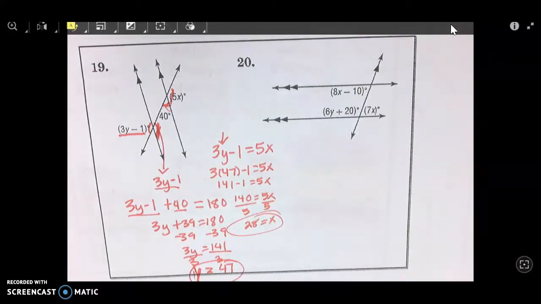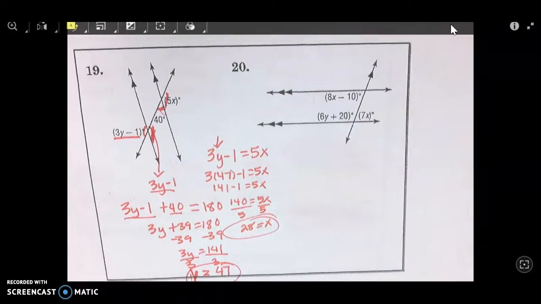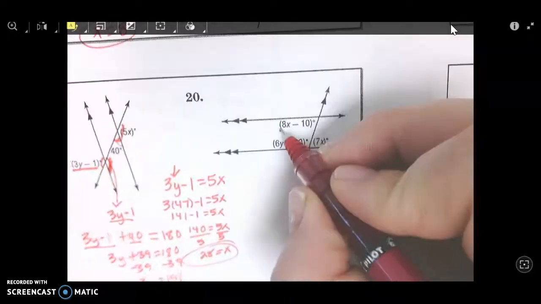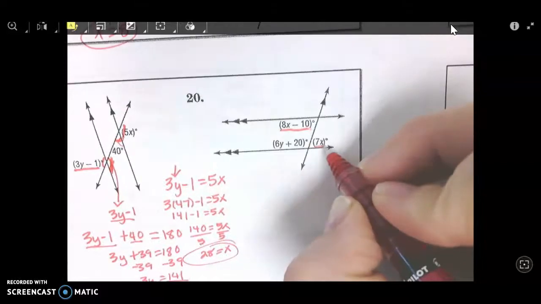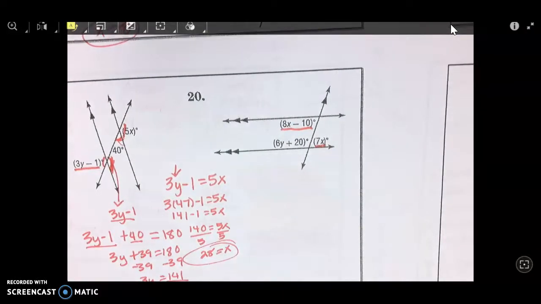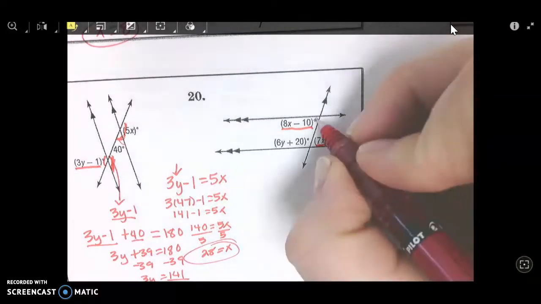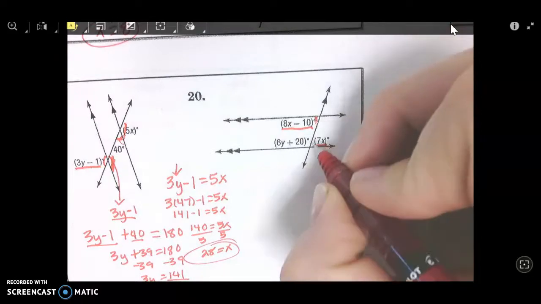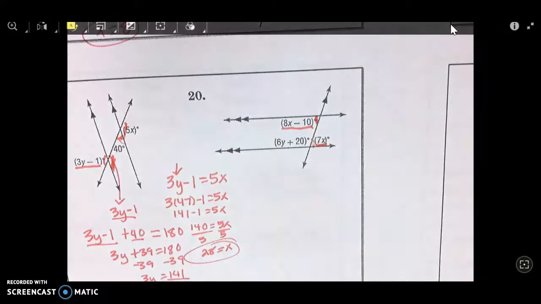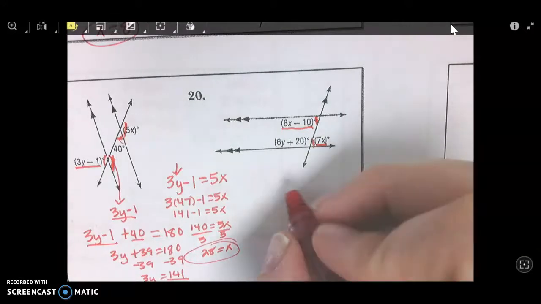All right. And then the last one. So you kind of have to pair what you're given. You have to pair your variables together in a sense. And I see these two angles that have an x. They are alternate interior angles. You can set alternate interior angles equal to each other because they are congruent.